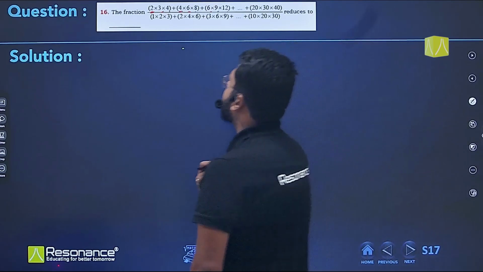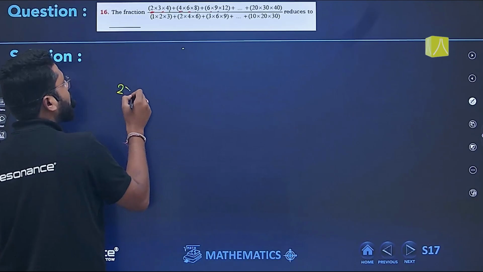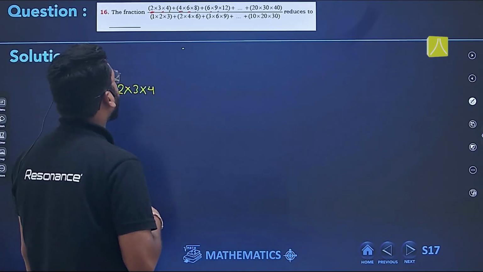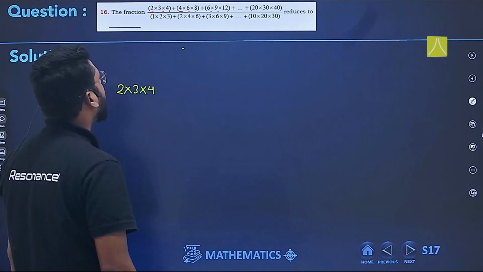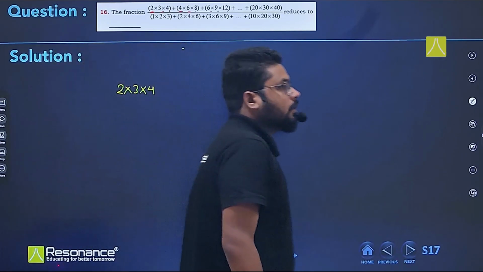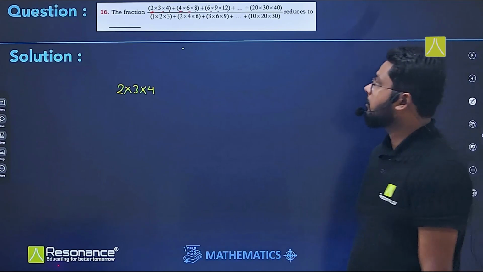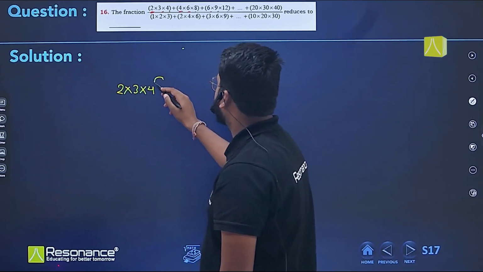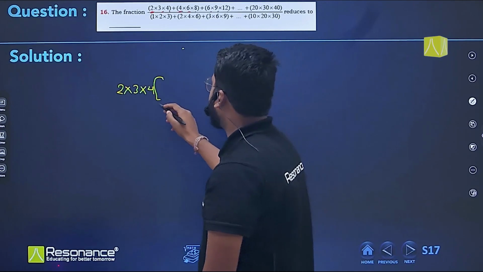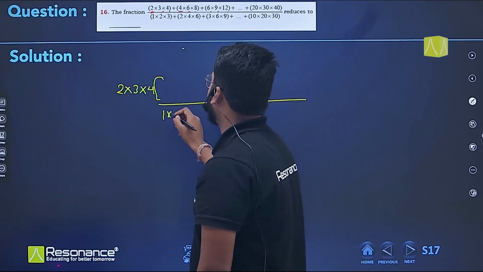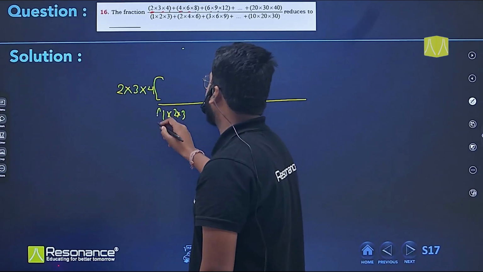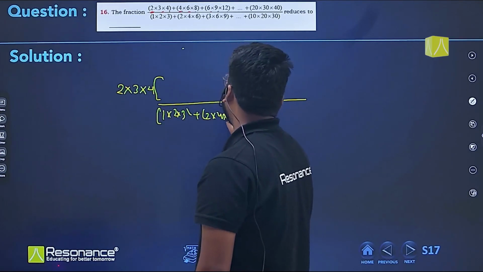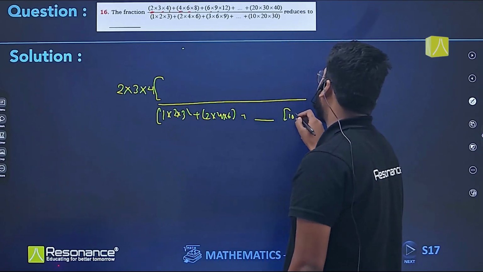Okay. So from the numerator part, if you try to take common 2 into 3 into 4, you will be left with 1 into 2 into 3 plus 2 into 4 into 6, that is going till 10 into 20 into 30.